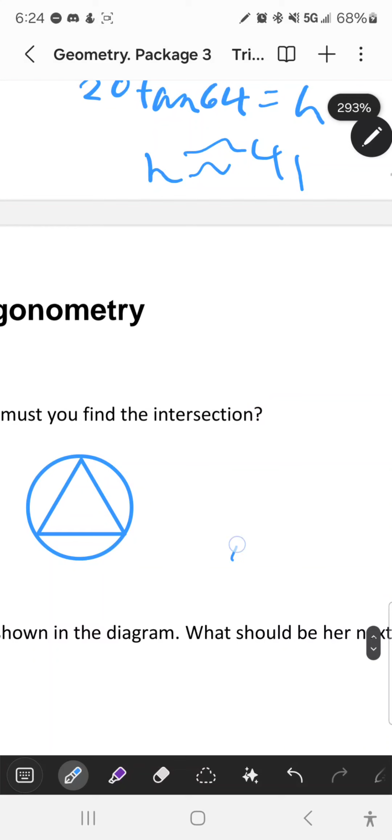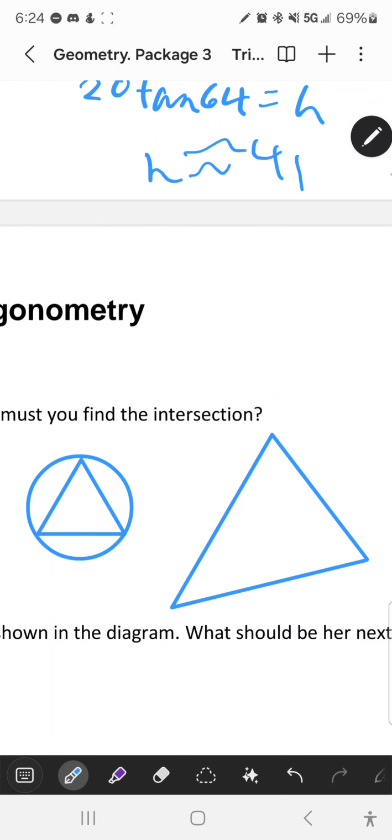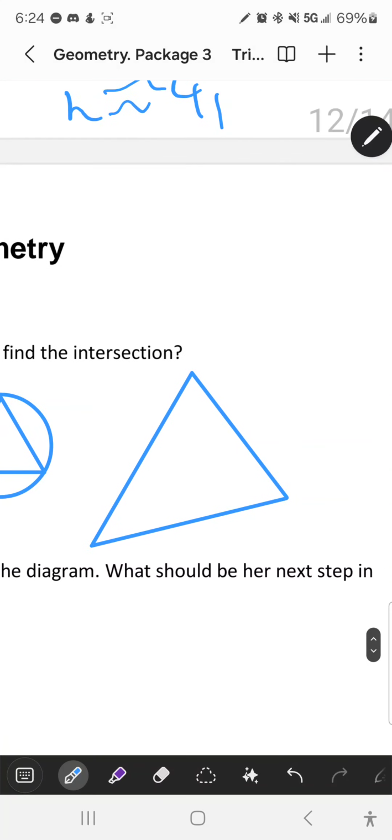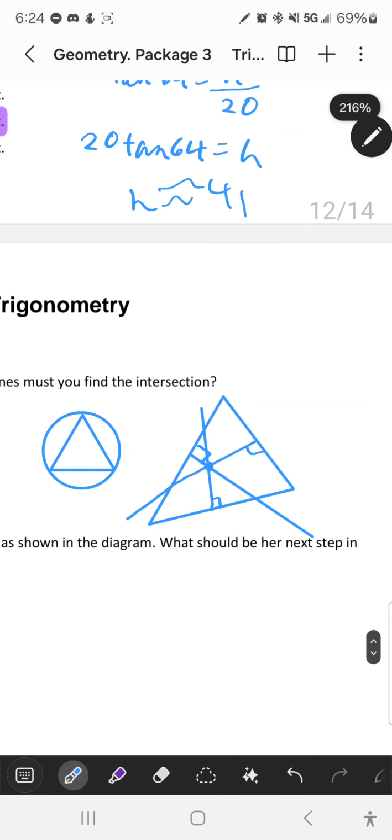So if we have a triangle like this, we want to find the circumscribed circle. So we're going to draw the perpendicular bisector, which is 90 degrees. Then this one, which is 90 degrees, and then this one, okay, this will be 90 degrees, and then this will be the center of the triangle.